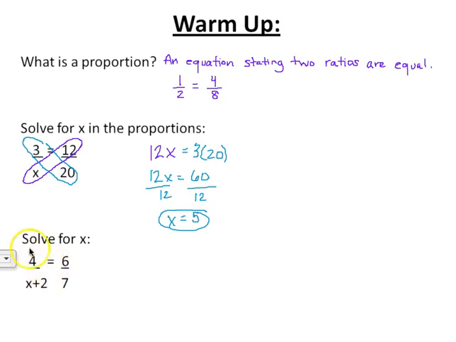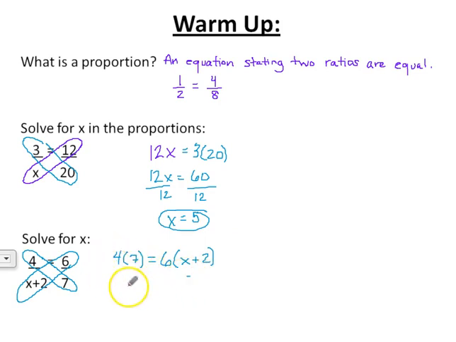For this second proportion, we're going to do the same thing, cross multiplying the numerator of one ratio times the denominator of the other ratio. And so we've got 4 times 7, set that equal to... Now let's make sure when we cross multiply these two right here, the 6 times the x plus 2, that when we go to simplify, we are FOILing, we're distributing.